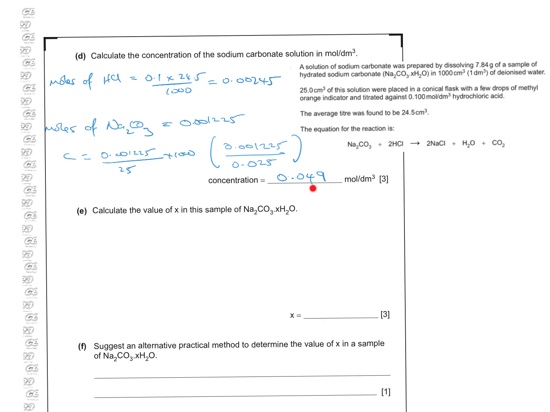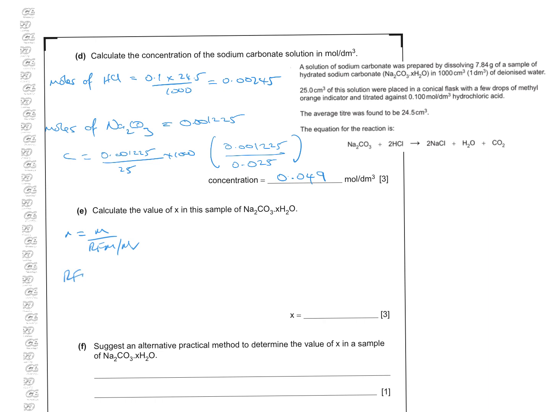So 0.049 moles has been produced from this 7.84 grams. So if you remember back to, well, you did this in Unit 2 and also in Unit 1, the number of moles equals the mass over the RFM, or MR. So we can simply rearrange this equation to give us the MR.